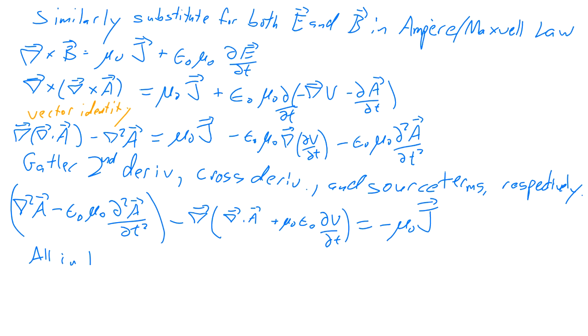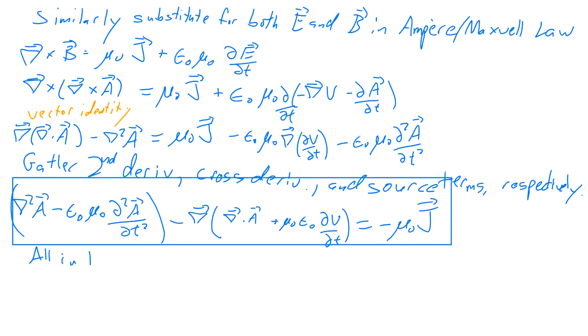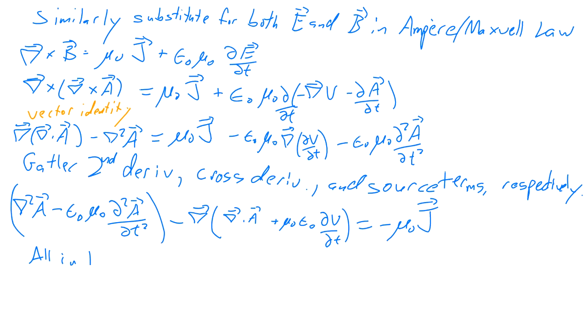Not particularly pretty, but I'm going to put a box around the whole thing. Oops. Let's see if I can do it this way. Whoop. That is ugly. I'm going to undo that. Let's do it this way. Let's put a box around the whole thing. It's a very painterly box.